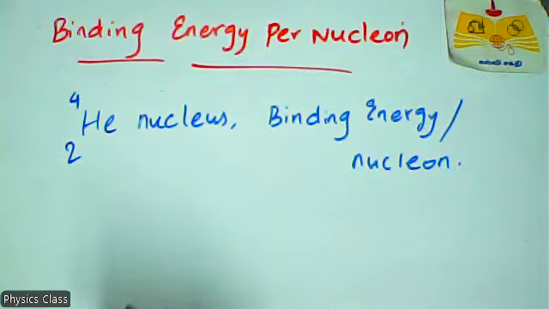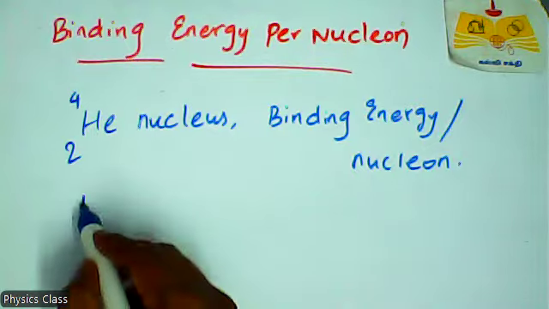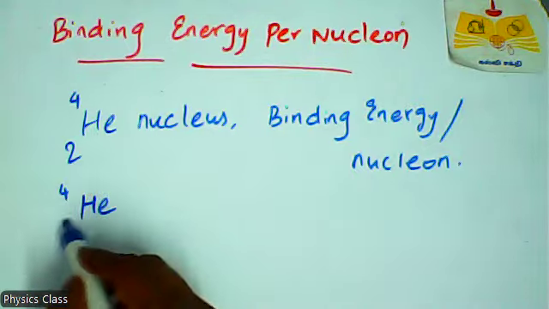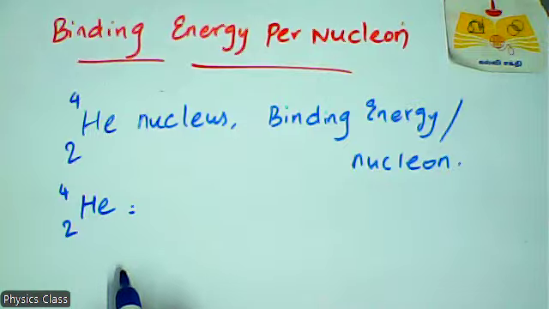We know the mass defect for helium, I already gave you that value. Just multiply it by c squared.